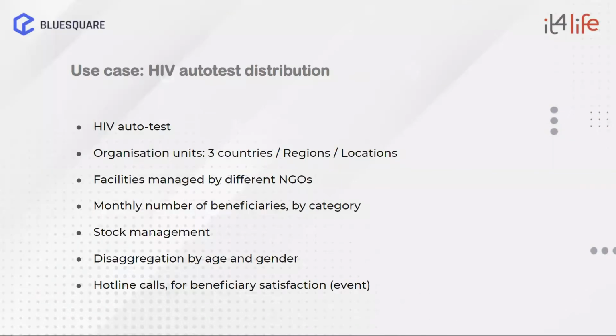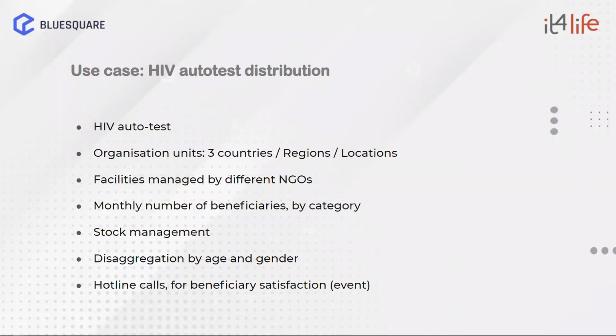So my use case for today, the main instance I will show you, is a distribution of HIV autotests in 3 countries, different locations. The facilities are managed by different NGOs, so we have different organizations working on this project.